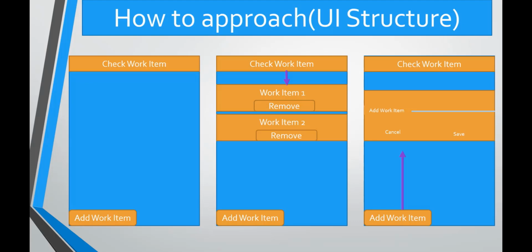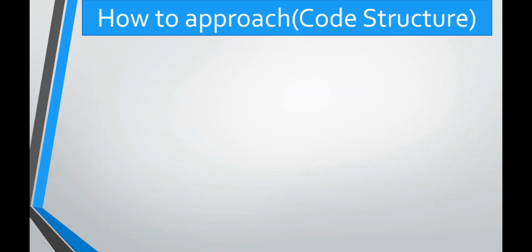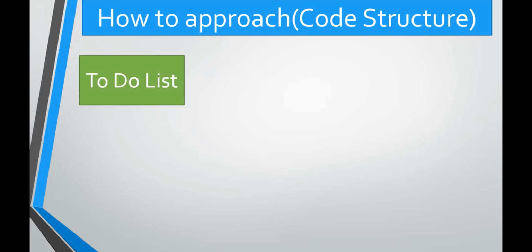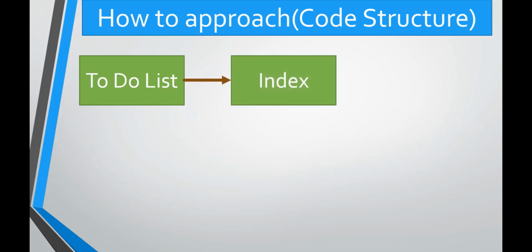So let's speak about how we can approach the code structure. For this, I'm gonna create a to-do list folder. This is a very small application, so I can write every file inside a single folder. Inside it, I'm gonna create an index file which represents the home directory of that folder.